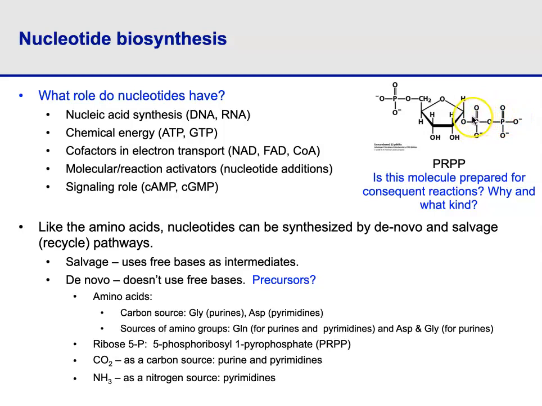By adding it to a molecule, even if it's stable, it destabilizes it and drives a reaction forward, usually a condensation reaction. So something will be added here on the first carbon. That's why this pyrophosphate is added to carbon 1. Carbon dioxide is a carbon source for purines and pyrimidines, and ammonia is a nitrogen source for pyrimidines.